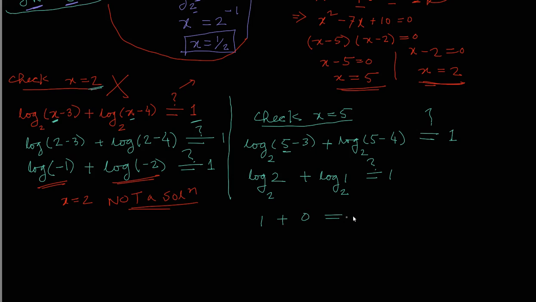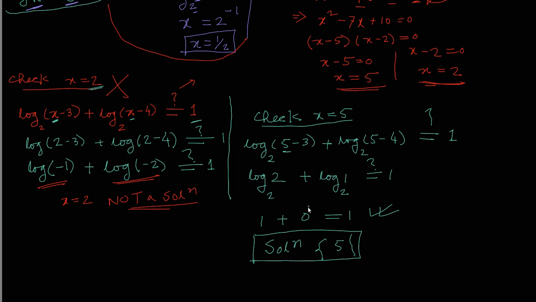So this equals 1, which means my left hand side and right hand side are equal. So the final solution is x equal to 5 for this particular logarithmic equation. Okay, so that's the complete solution of this problem.